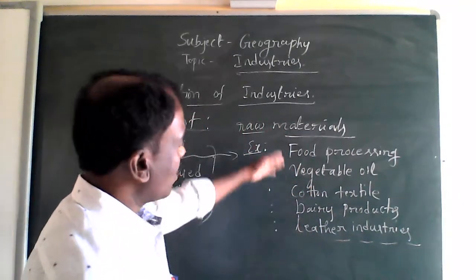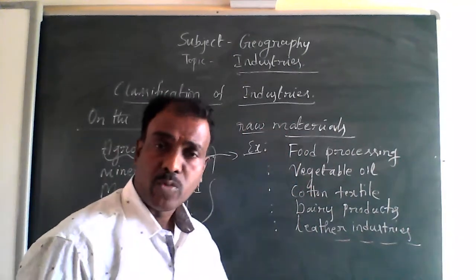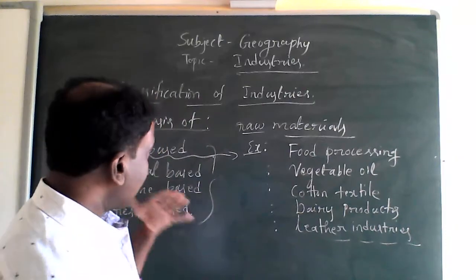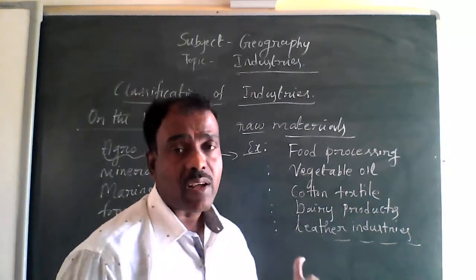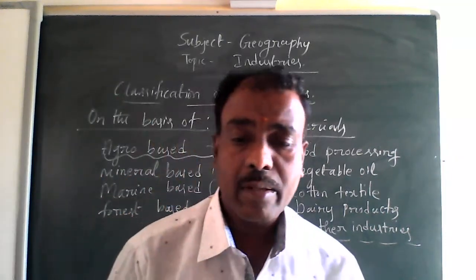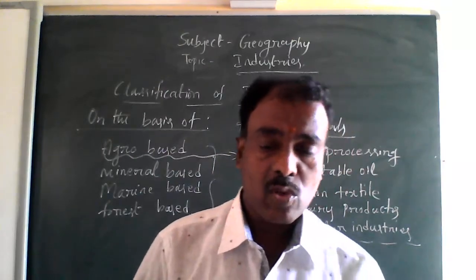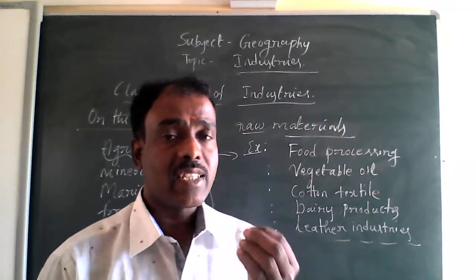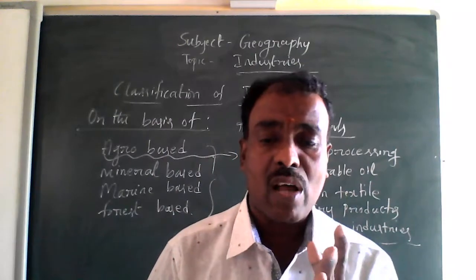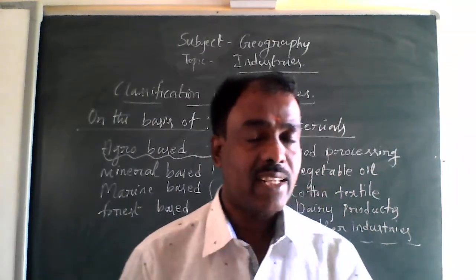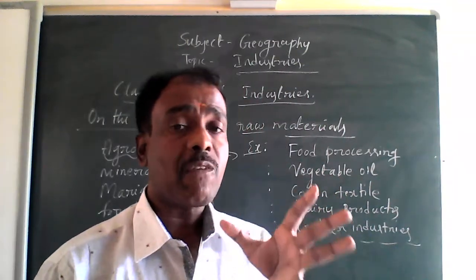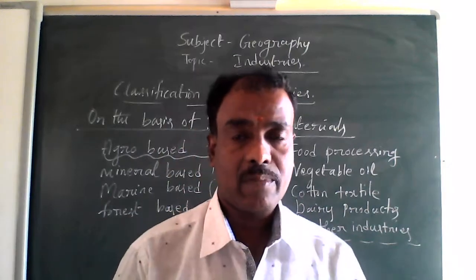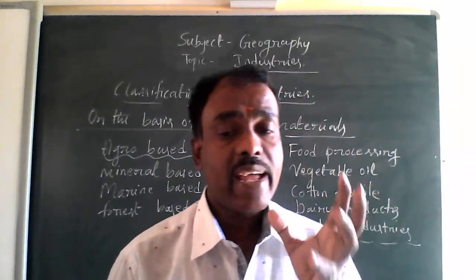They don't say, sir, only these four or five. No. Any industries that are completely dependent on such raw materials count. Already I told you that industries are categorized based on the use of raw materials, what type of raw materials they are using and how they are extracting.